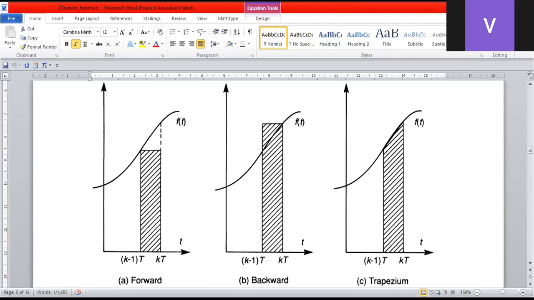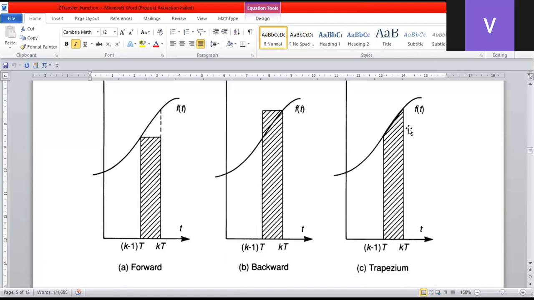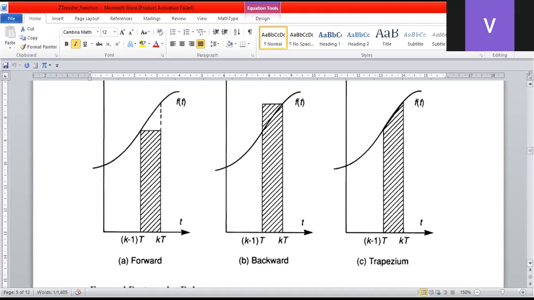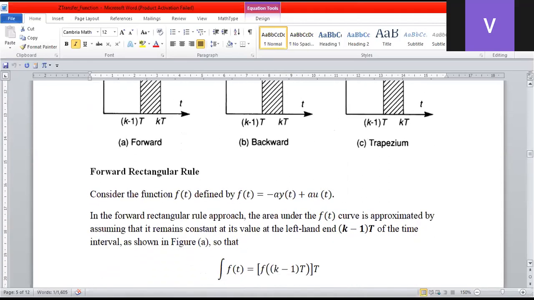Then the third rule is the trapezium rule. You consider the start of the integration, that's (k-1)T, and the time at the end of the integration. From here, here, here, here is a trapezium. That's where the trapezium rule comes from. So these are the three methods we are going to be using.